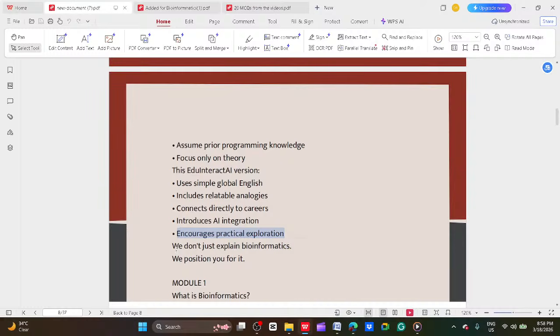So we don't just explain bioinformatics, we position you for it, we prepare you for it. It's not a matter of just explaining what we want to. I want to make you ready for the future, ready for future challenges, so to say.